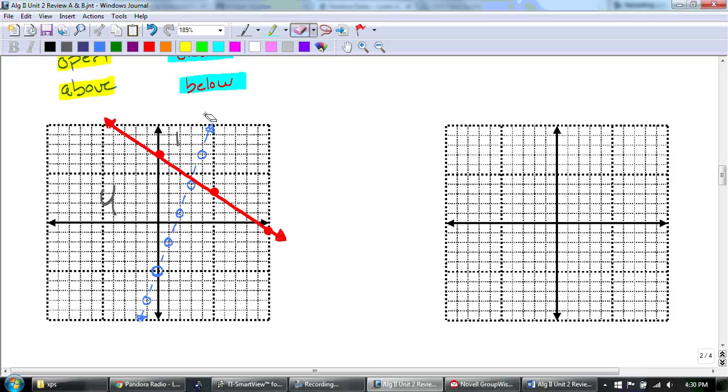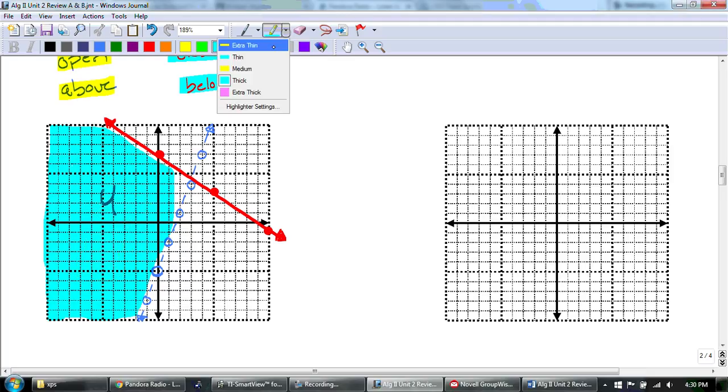But I need to be below the red line, so it can't be 1. So my only answer that's left is section 4. Okay, so that's what I can shade in, and I'm going to make sure I get that little portion right there.